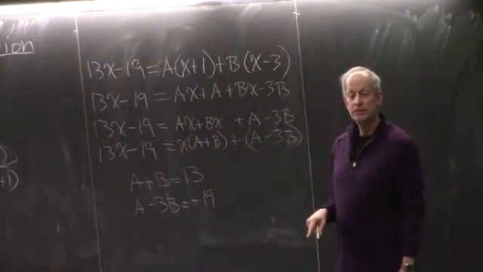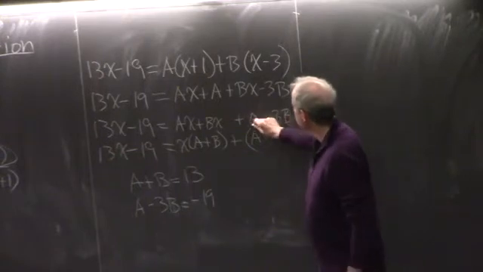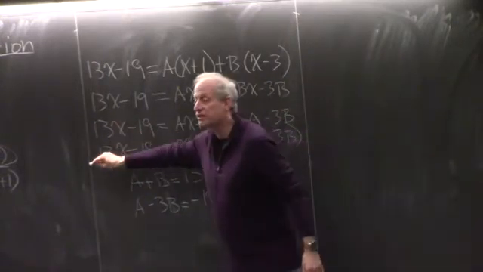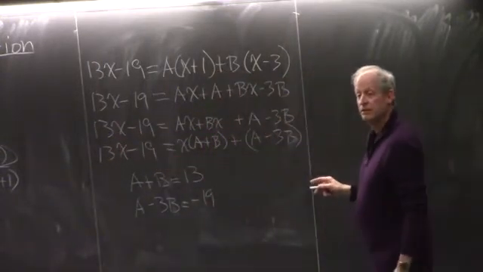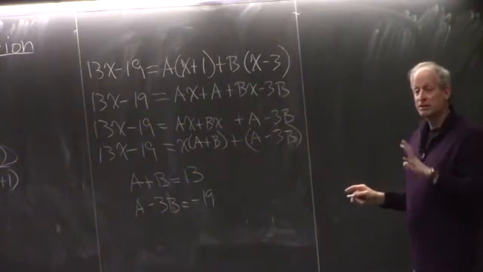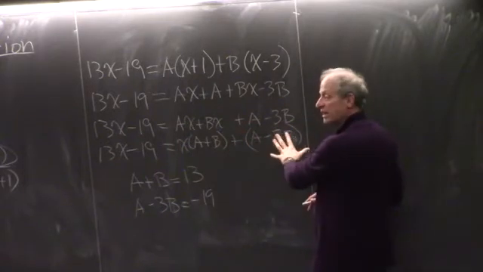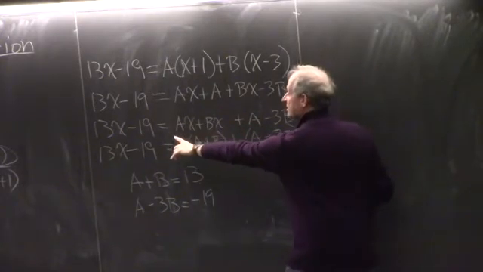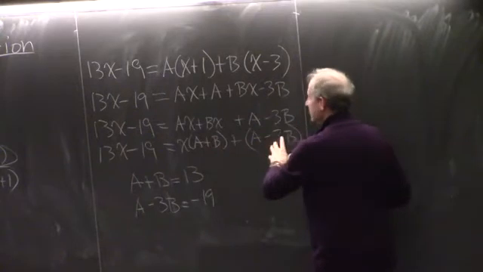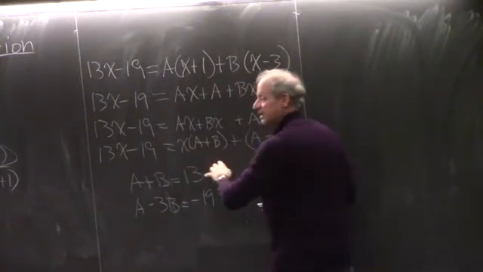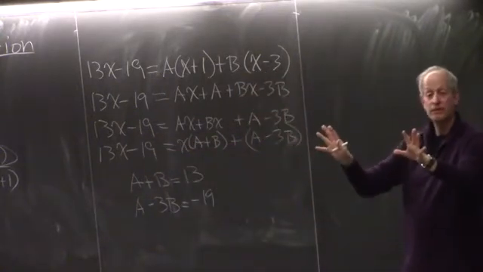Okay? There's no x in these terms, so they have nothing to do with the 13x. Does that make sense? Again, this is a plus b times x plus a minus 3b. So since this is times x, it's got to equal 13. And since it's not times x, it has to equal minus 19. The two things are the same.